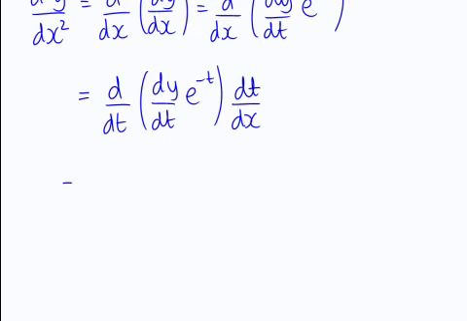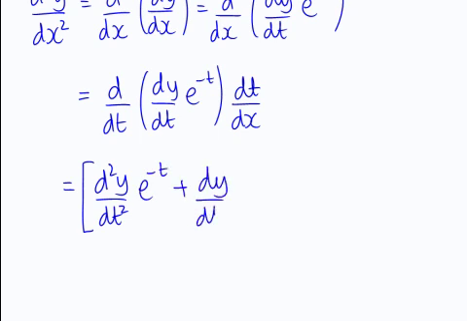So I've got two separate terms here. The first term is d by dt of a product, so I'm going to use the product rule to differentiate it. Differentiate the first, write down the second, plus write down the first and differentiate the second. Then I've got to multiply that by the dt by dx at the end, and dt by dx, if you remember from above, is e to the minus t.